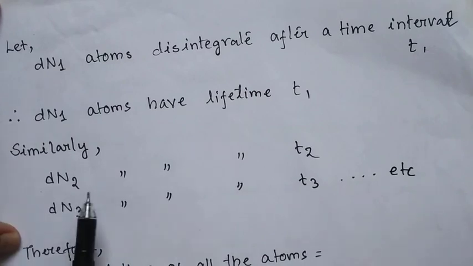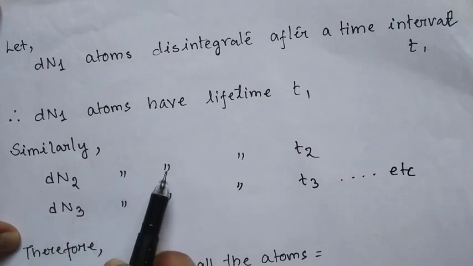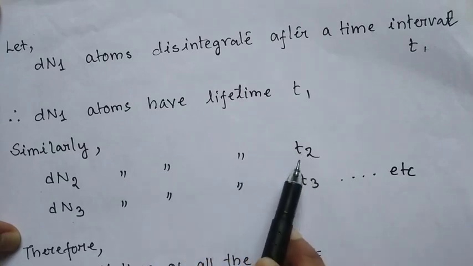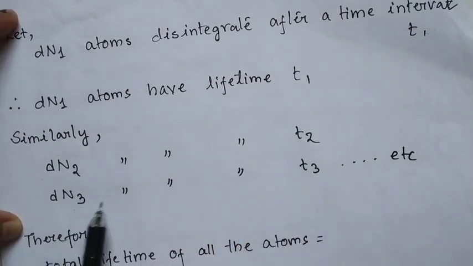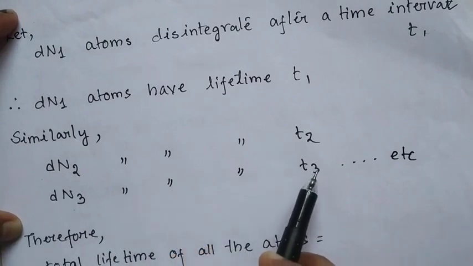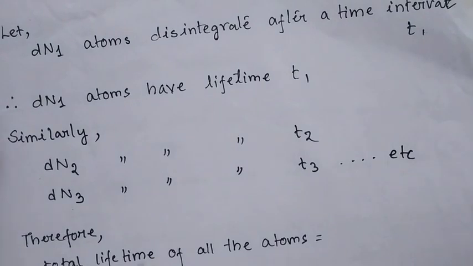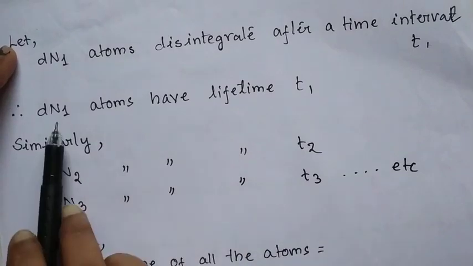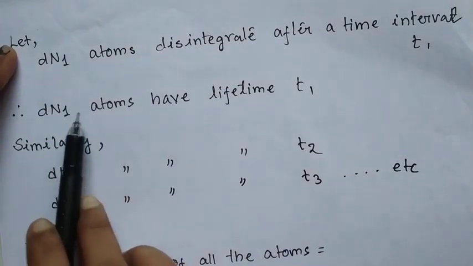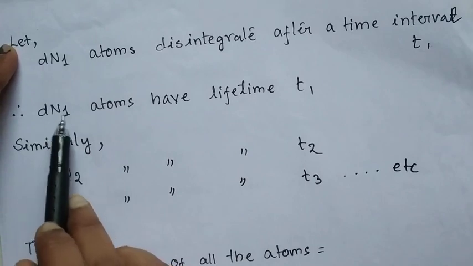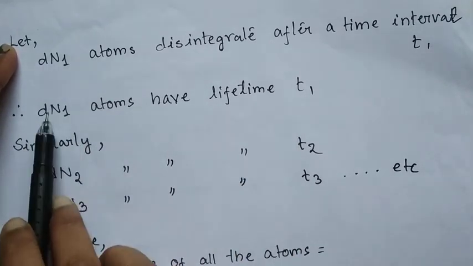Similarly, there are other dN2 atoms which decay after a time interval of t2. Therefore, they have a lifetime of t2. And then dN3 atoms have a lifetime of t3, in this way. So what is the total lifetime of all these atoms? Out of dN1 atoms, each has a lifetime of t1, so the total lifetime of dN1 atoms is t1 into dN1.